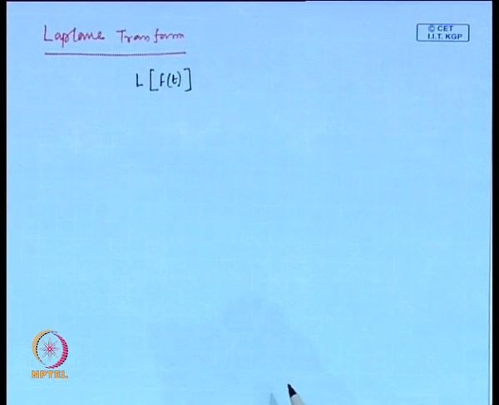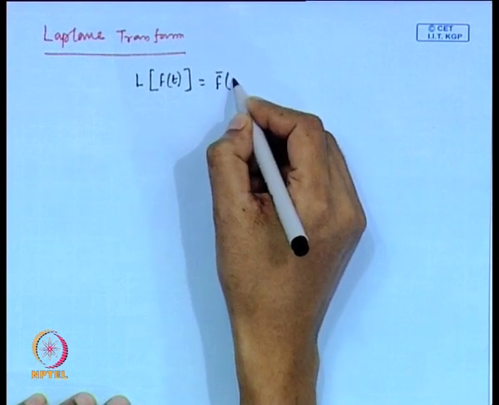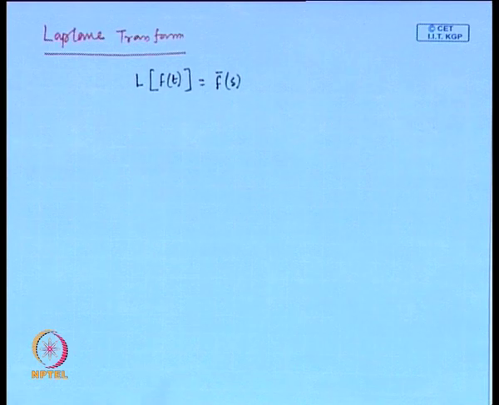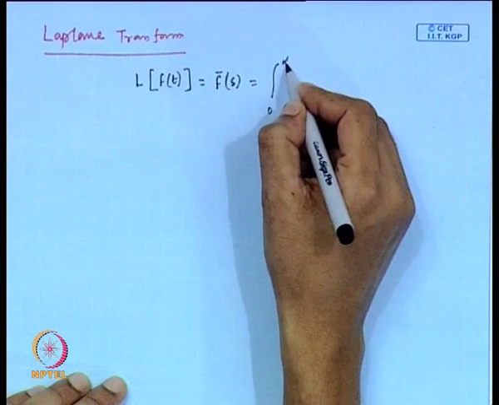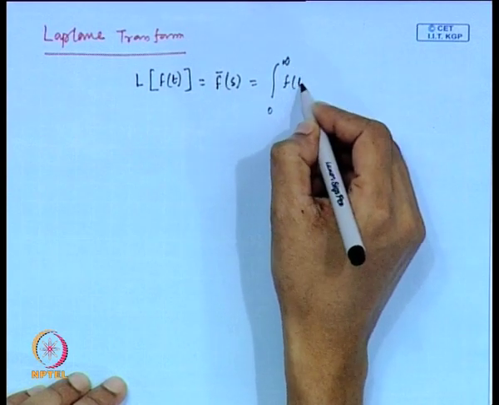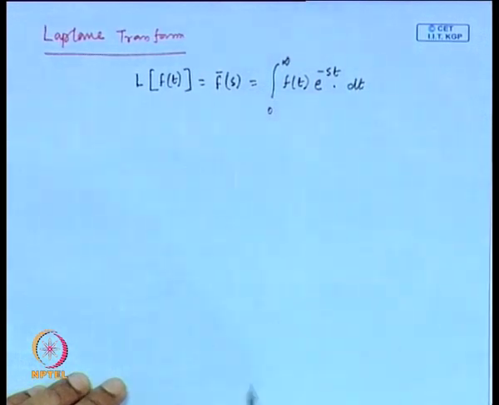The Laplace transform of a function f t, where f is a function and t is the time independent variable, is equal to f bar s, the function written in the Laplace domain, equal to integral from 0 to infinity of f of t e to the power minus s t dt.